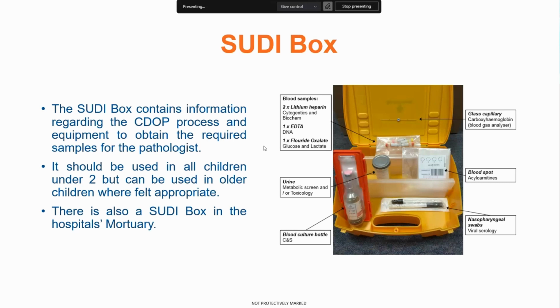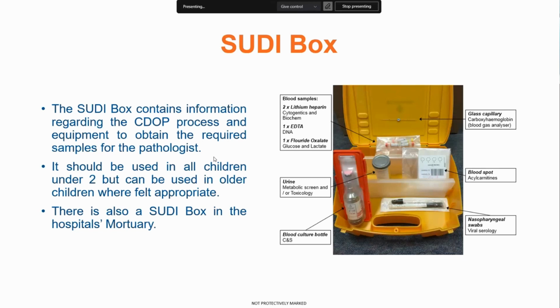We also have one of these boxes in the mortuary, so that if a child should go straight to the mortuary, which does sometimes happen. Sometimes it happens if the emergency department is extremely full and the child is clearly deceased with no resuscitation ongoing. Sometimes it happens when a child is not known to be a child, that is to say they're an older teenager and they don't have any ID, so you don't know the age of the child, and they're thought to be an adult when they first present.